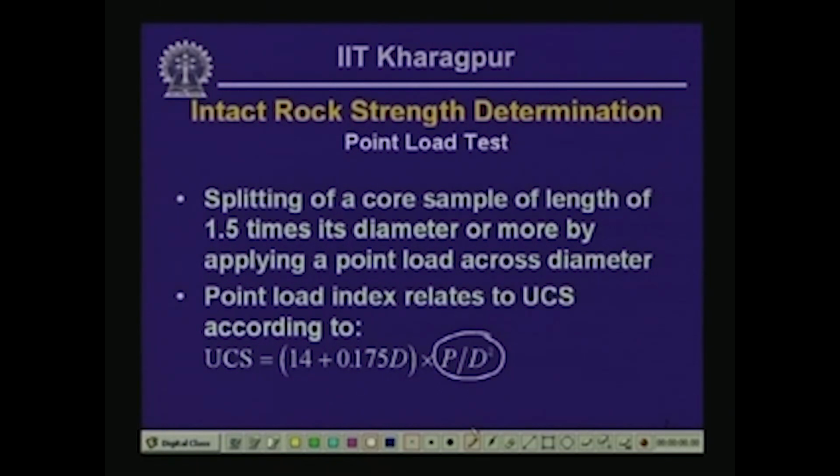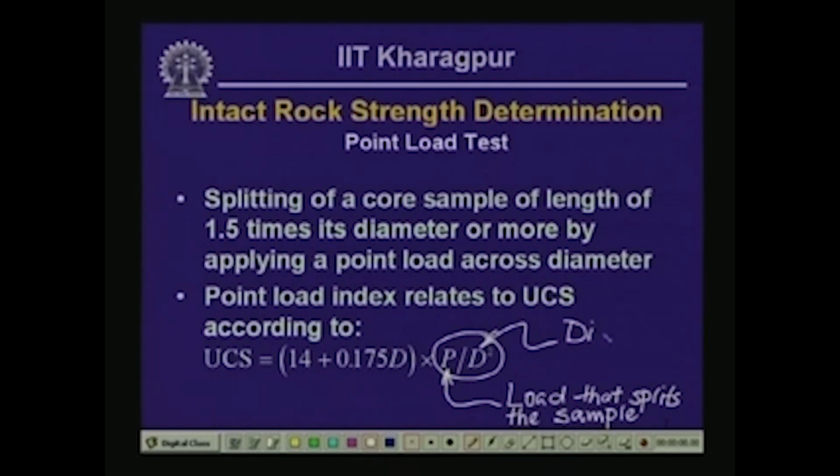So, P here, the uppercase P here, is used to denote the point load that splits the core sample, and D here is the diameter of the core sample.